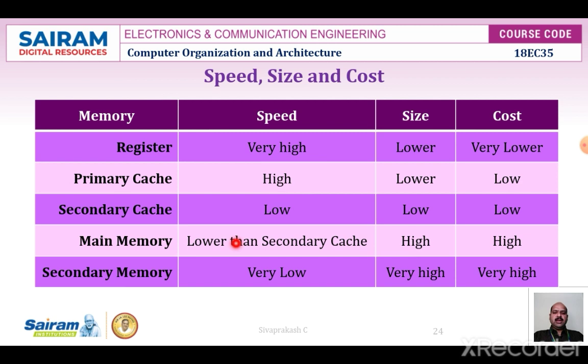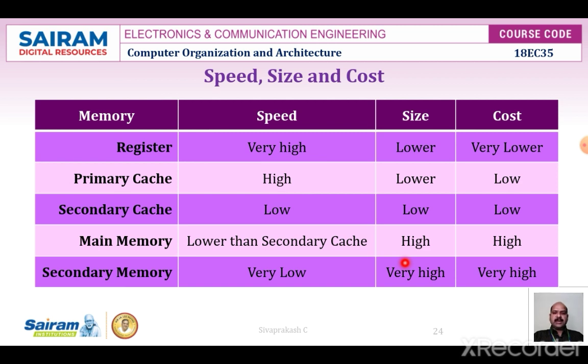The main memories are always slower than the secondary cache as well as the primary cache, and the size is somewhat bigger as well. Because the size and the area are bigger, the cost is high. The secondary memories are very low in speed, and the cost is very high because the size is very high.